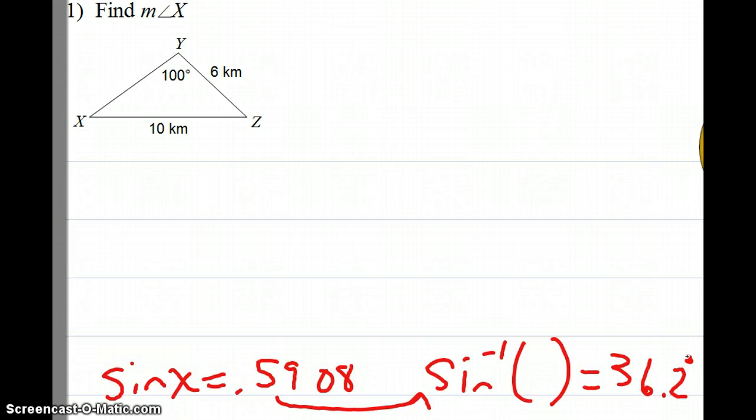And that's what X is. So let's see if that makes any sense. If X is equal to 36.2, that should make some sense to us because 100 is across from the 10, and this leg is only 6, and it should be a little bit smaller.